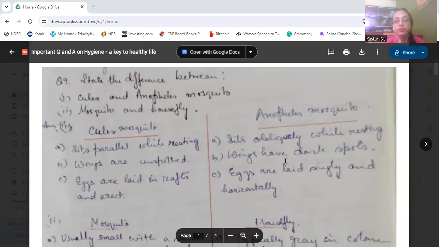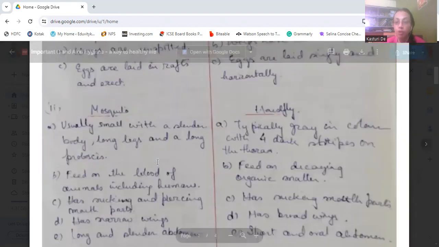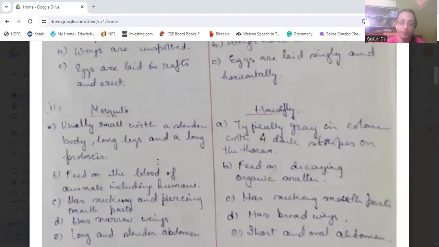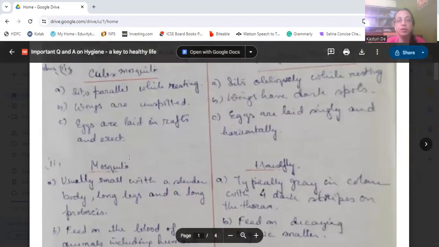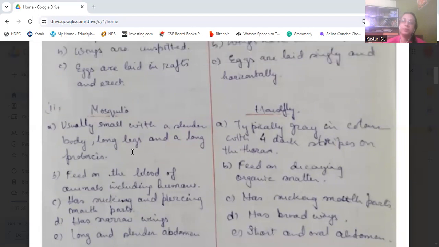Then we come to the difference between a house mosquito and a housefly. We know both of them are disease carriers, both are vectors. But mosquitoes are usually small with a slender body, long legs, and a long proboscis. Whereas houseflies are typically gray in color.